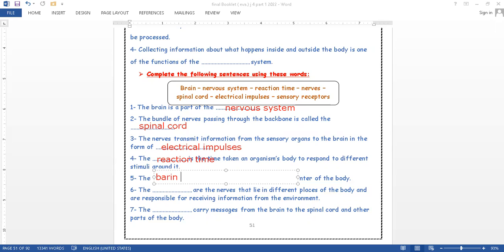Number six, the dots are the nerves that lie in different places of the body and are responsible for receiving information from the environment. It will be sensory receptors. Finally, number seven, the dots carry messages from the brain to the spinal cord and other parts of the body, so it will be nerves.